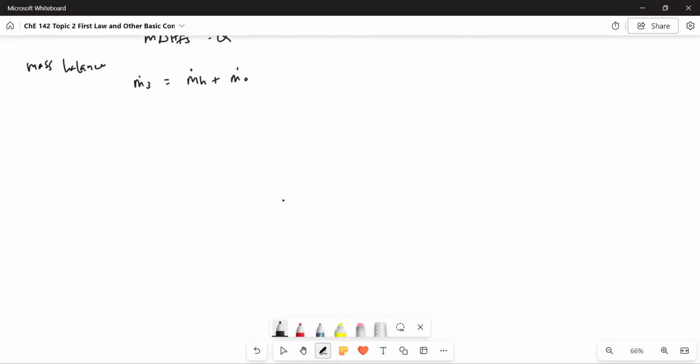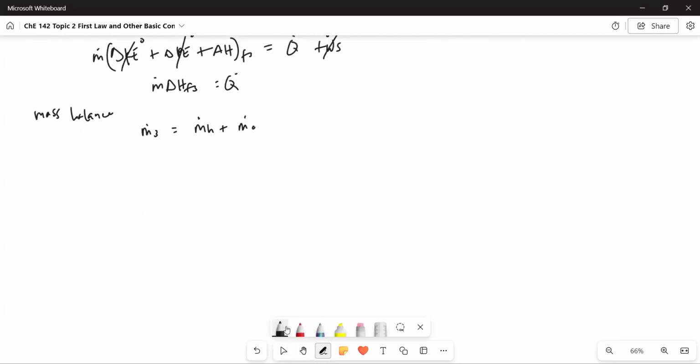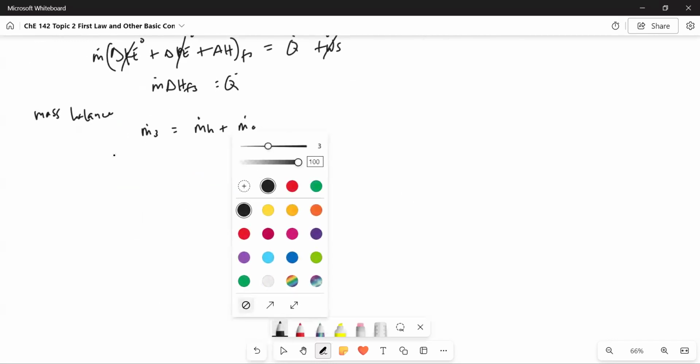The next thing to do is to substitute back into the energy balance, combining the mass and energy balances. So how do we do that? The convention that we use is the outlet minus the inlet.